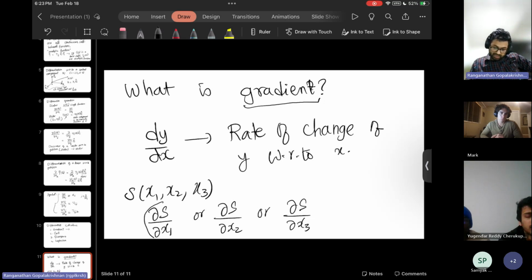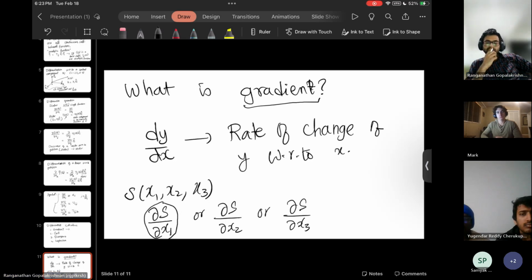What does this quantity represent? Partial s over partial x1 is the rate of change of the function s with respect to x1, x2, and x3.